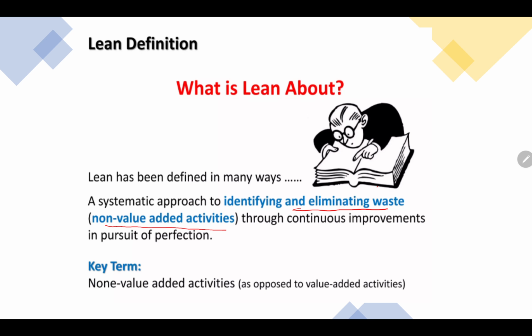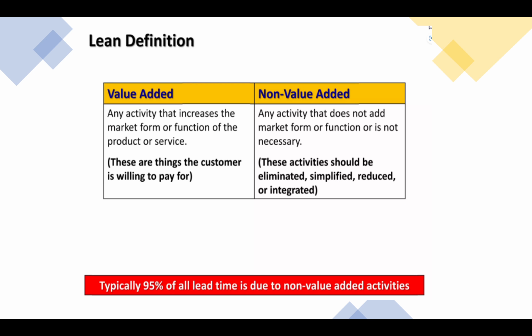Now, what are non-value added activities? A value added activity is any activity which increases the value of the product, that value for which the customer is willing to pay. And the things for which the customer is definitely not willing to pay, we have to eliminate those activities, that is non-value added.